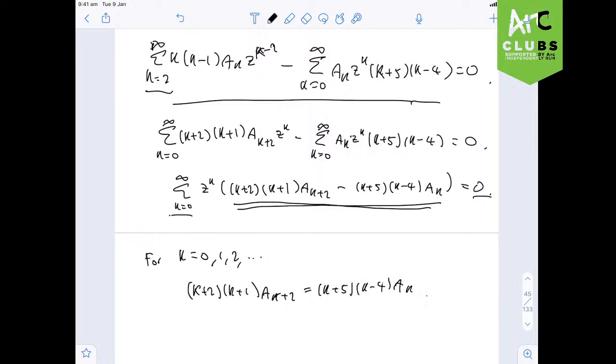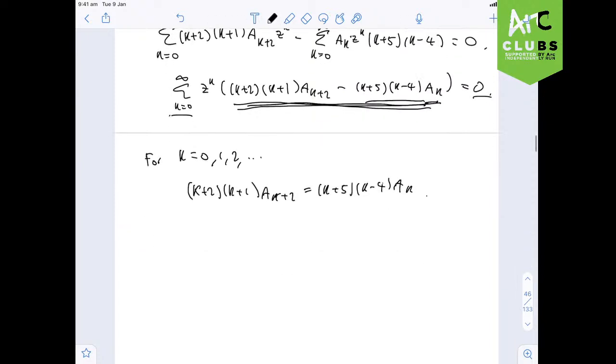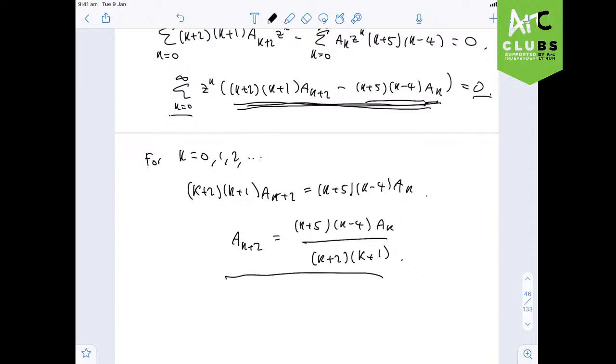I kind of did two steps in there. I just said this equals 0 and then moved this onto the other side. And we get a recurrence relation by dividing through. So this is the relationship that all of our coefficients have to satisfy.